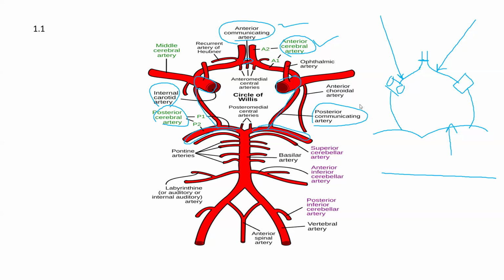So you can draw this simple diagram, and to illustrate it, tell what arteries contribute to form this circle, and at the same time how they are connected by the posterior communicating artery and the anterior communicating artery.